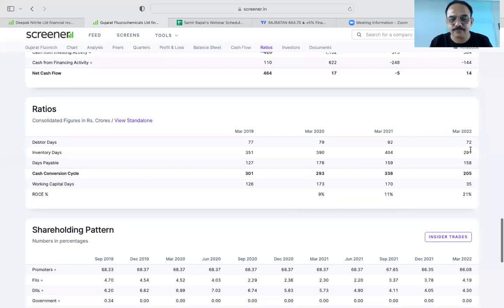Agreed? So if you are comparing Deepak Nitrite with the fertilizer companies, all fertilizer companies, compare kiska inventory days are less, you can shortlist one of them. If you are looking at the sugar industry, look at all the sugar companies. See, kiska inventory days kam hai, optimum hai.